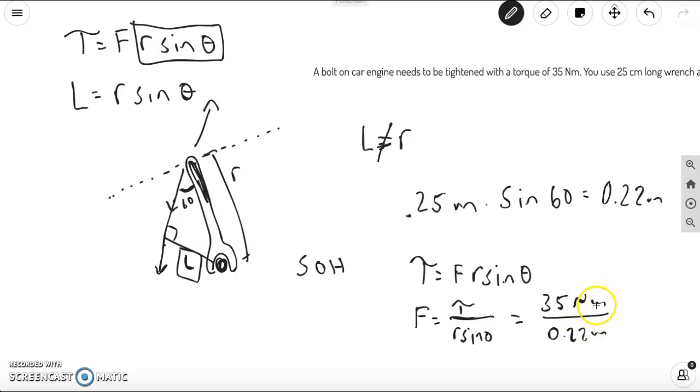You can see that our units here are going to cancel out, and our force, which needs to be applied, is going to be equal to 1.6 times 10 to the second newtons, or 160 newtons. Okay, so then we have our answer: it takes 160 newtons of force to cause that rotation that they asked about.